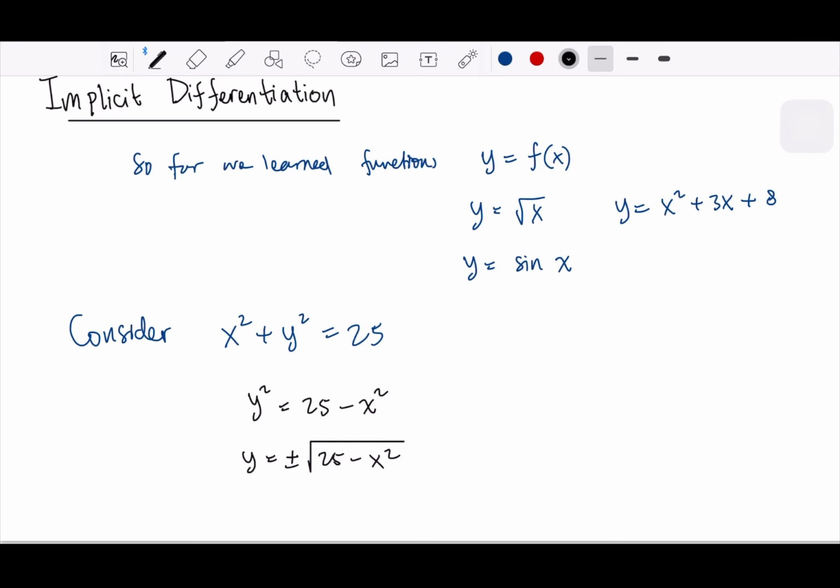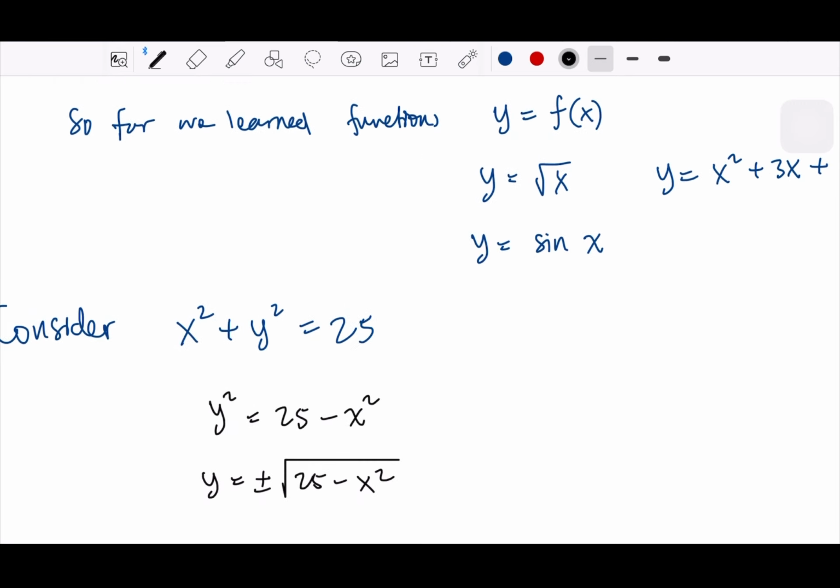Then you can derive this y, because you have the square root here as a chain rule. So you have 1 over blah blah blah, multiplied by negative 2x. That's one way. But is there any simpler way that we can differentiate directly from here? Let me give you the technique first and maybe explanations after that. Remember that y is a function of x.